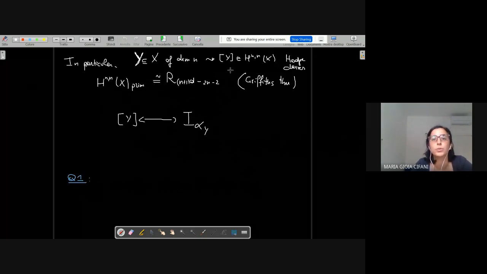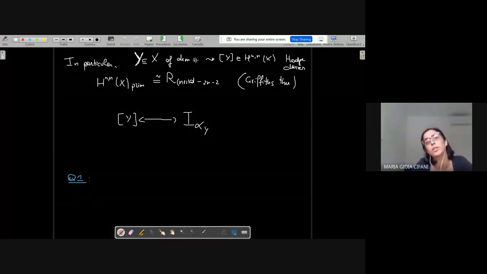In which case we will use curves in surfaces. So in general, for a hypersurface of dimension 2n, we consider subvarieties of dimension n whose Hodge class is in H^n of X, in the primitive classes.